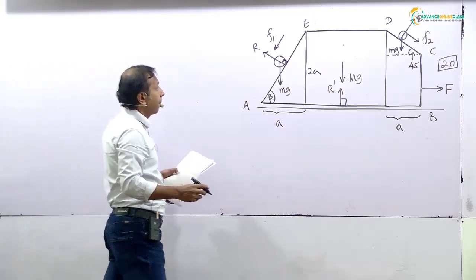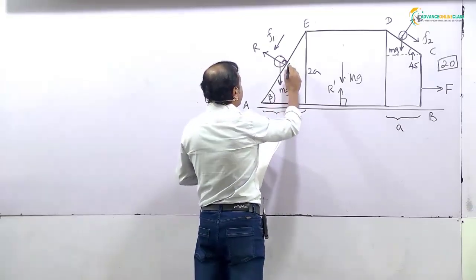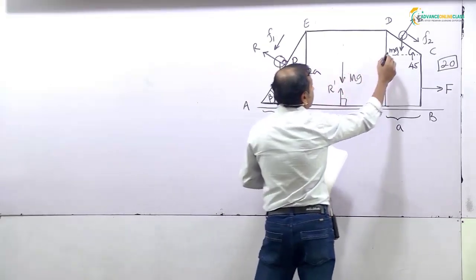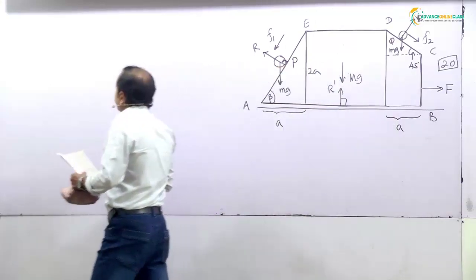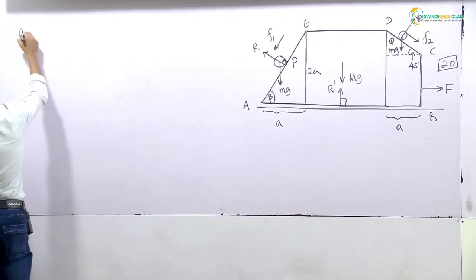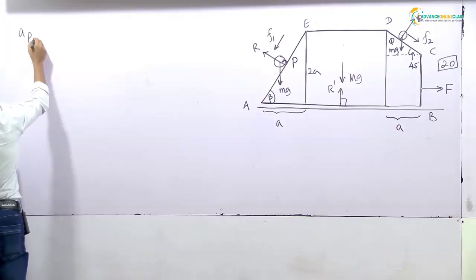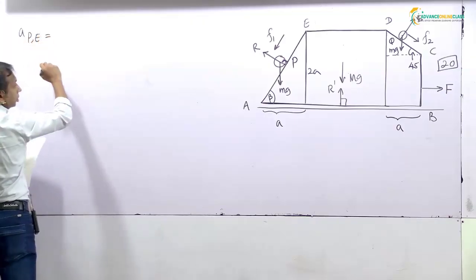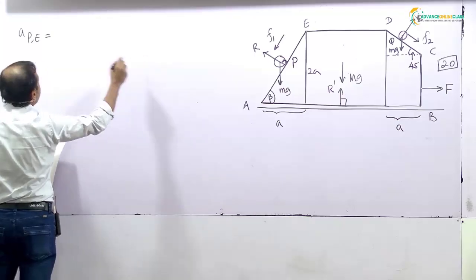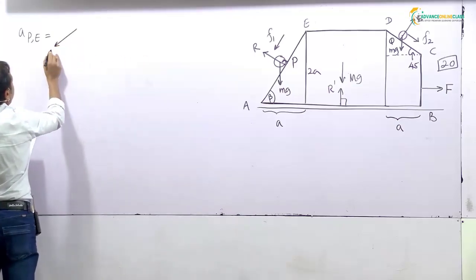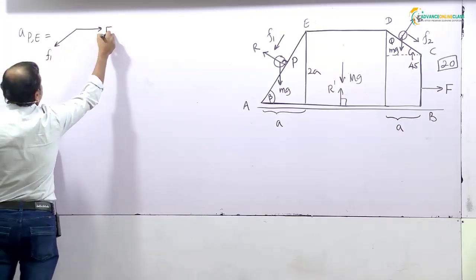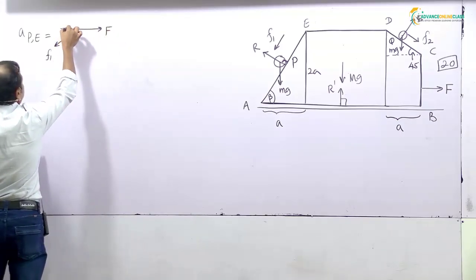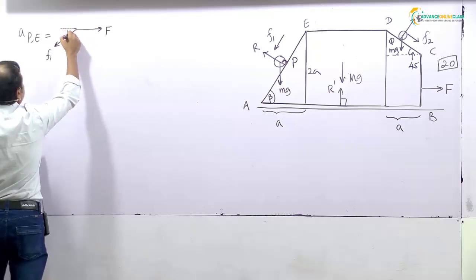This is the particle P. This is the particle Q. Then accelerations we can write relative to Earth. Acceleration of P relative to Earth: F1 this way, capital F this way, with this angle beta.